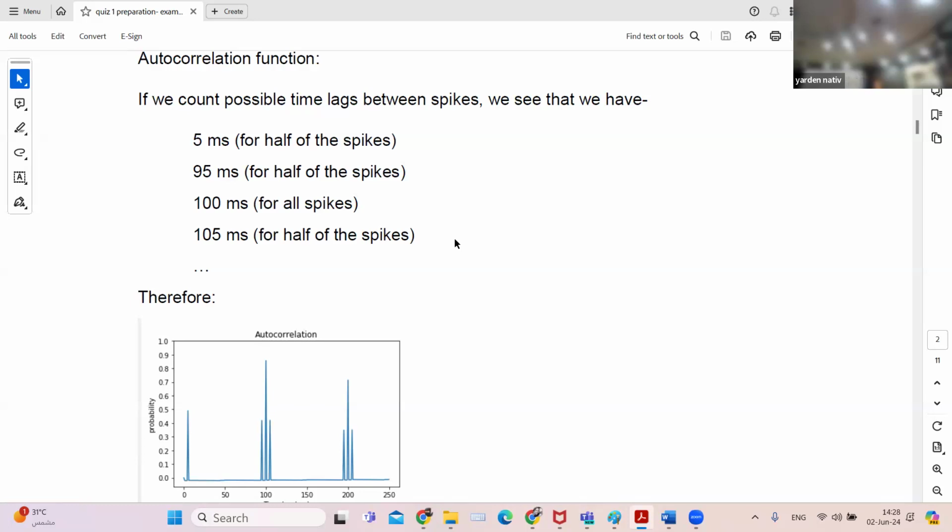So now when I shifted it, mentally shifted it, I can see that each spike has a spike above it. So therefore, the probability for 100 is 1. Let's take the 195, okay? So let's shift it by 195. And this is kind of the thing that we can do in the draft.